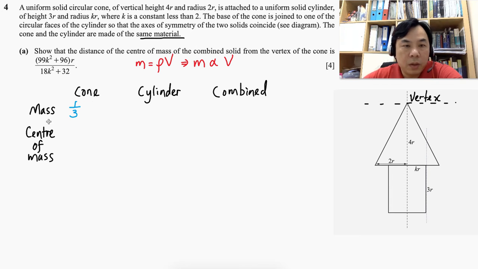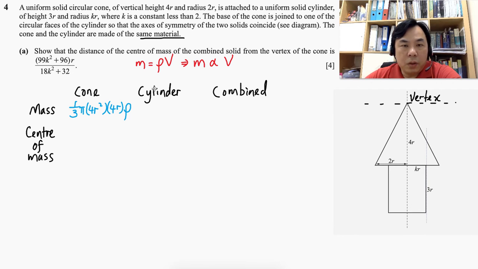So 1/3 pi times 4r square, multiplied by the height itself, which is 4r. Now this is the volume of the cone. And then we know that the mass of the cone is given by this multiplied by its density itself. I hope that's clear.